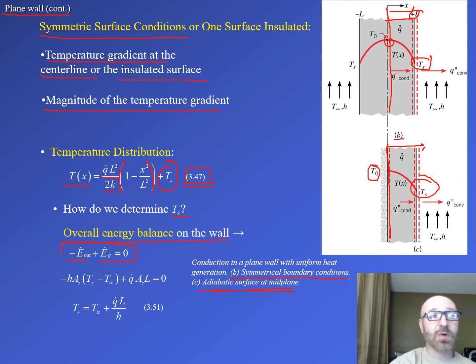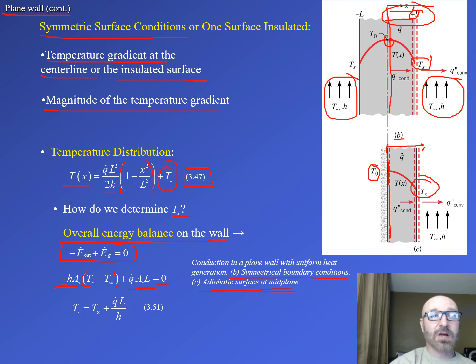We've seen this equation before, so we can still utilize it. Plugging in for our specific case, we have negative h times A sub s times the temperature difference between our surface and our ambient. Since we're dealing with convection terms, that's where our h term comes from. Plus q dot times A sub s for our area, times that length L, is equal to 0.